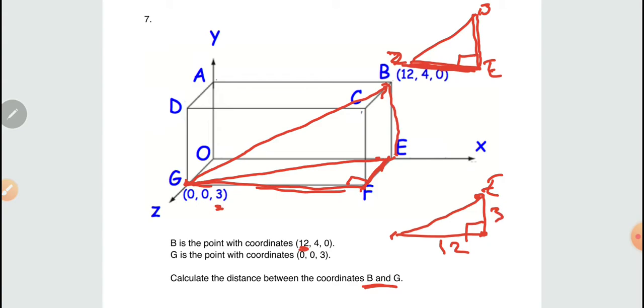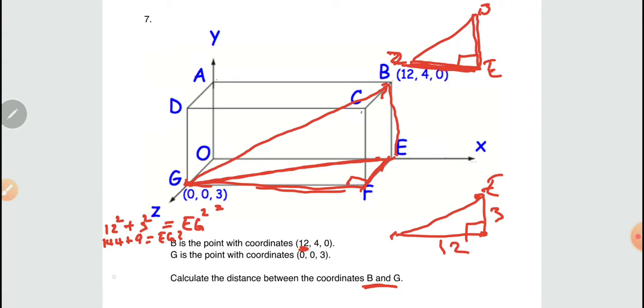So to work out this diagonal on the floor, we will have to do 12 squared add 3 squared is equal to the length EG squared, the bit on the floor, EG squared. So 12 squared is 144 plus 3 squared, which is 9, is equal to EG squared.